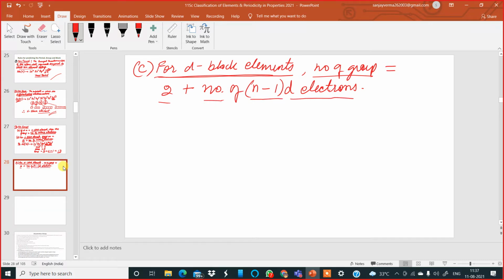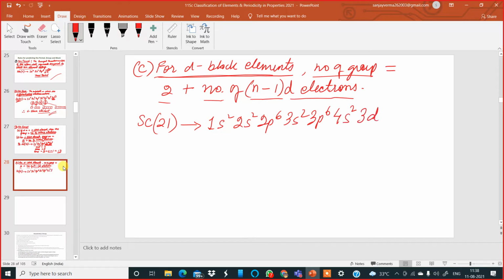So to get the group number for a d block element, I'll again come to scandium. Scandium atomic number is 21. The electronic configuration is 1s2, 2s2, 2p6, 3s2, 3p6, then 4s2, and then 3d1.